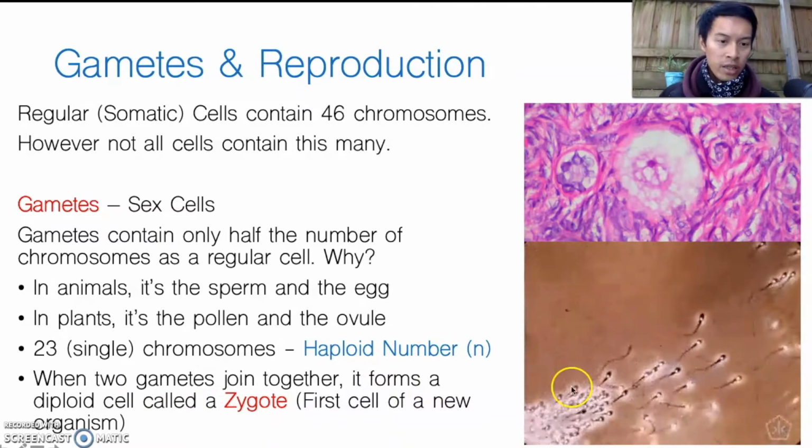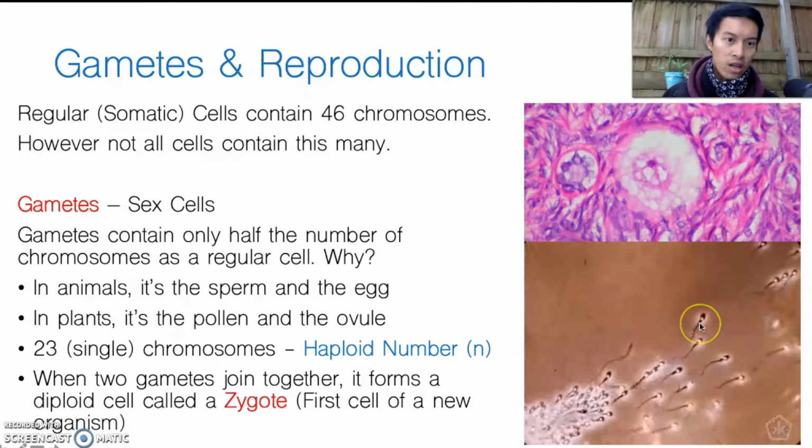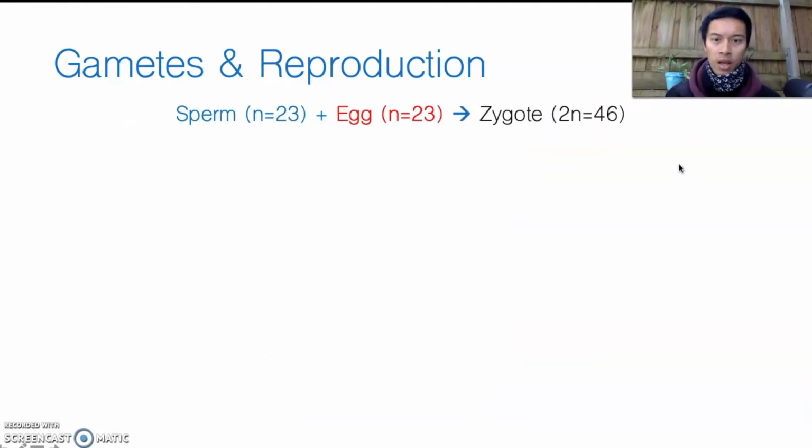Here is a GIF of the sperm cell and what that looks like in real time, and this is what the egg looks like in real time. So the sperm, N equals 23, joins together with the egg, N equals 23, to form a new zygote where 2N gives you 46.